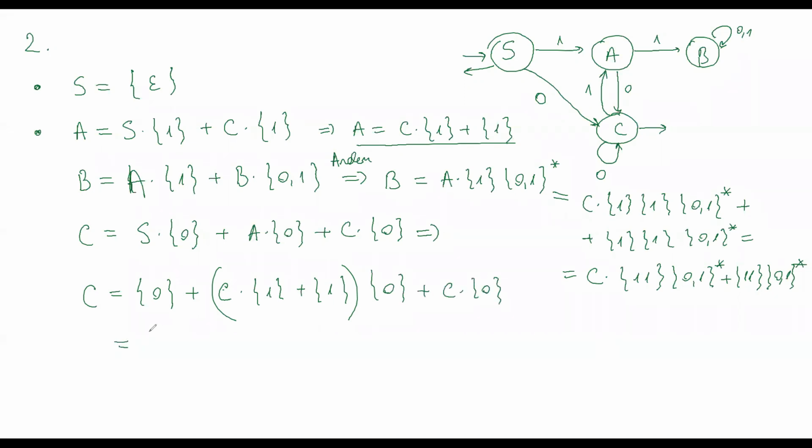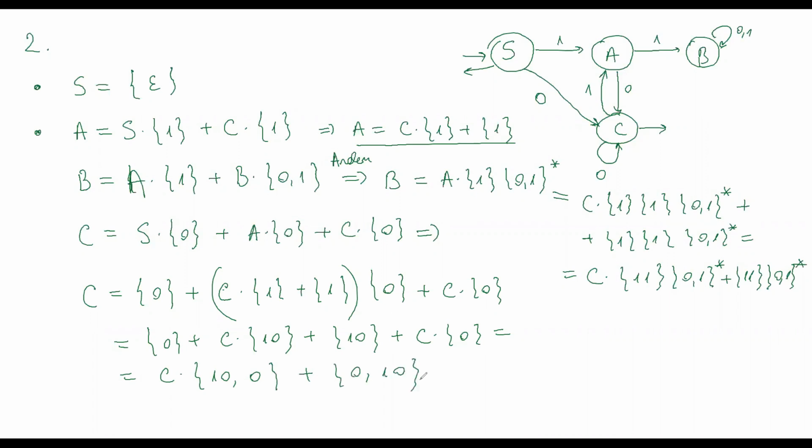And this is now equal to 0 plus C times 1, 0 plus 1, 0 plus C times 0. So this is the same as having C times the set consisting of 1, 0 and 0, plus 0 and 1, 0. So now I can apply Arden's lemma, and I get that C is equal to this free term, 0, 1, 0, times the star of this, so (1,0 plus 0) star.